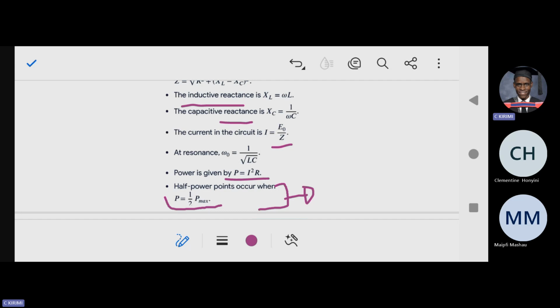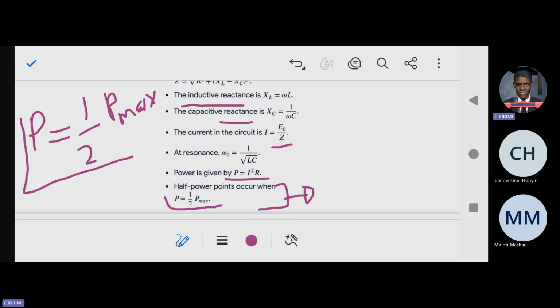When we know that our power is equal to half of the P max, which is the maximum power, that's when we use the root mean square from matric level whenever they say P max. So this is when we determine whether it's a half power point.